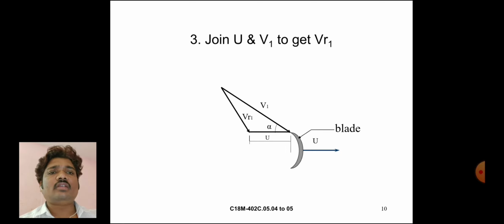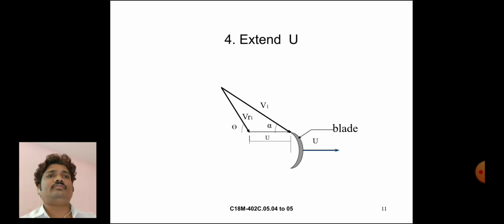Then u, the blade velocity, as shown in this figure. Extend u. V1 is the steam inlet velocity, VR1 is the steam inlet relative velocity, angle is phi, as shown in this figure.